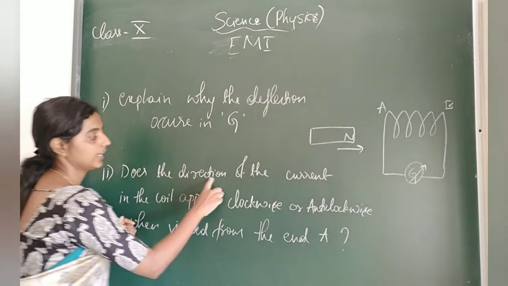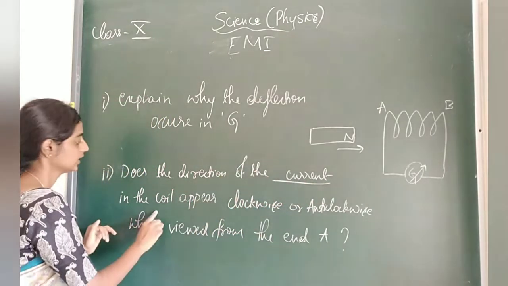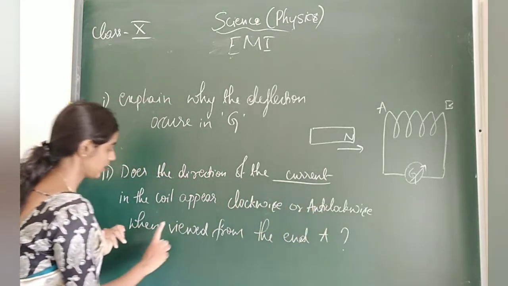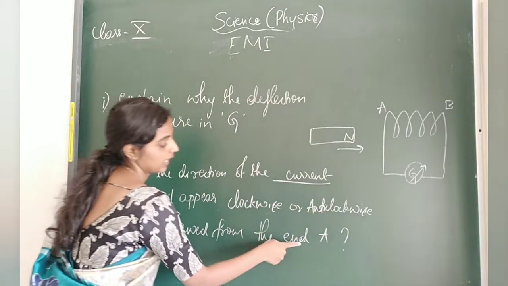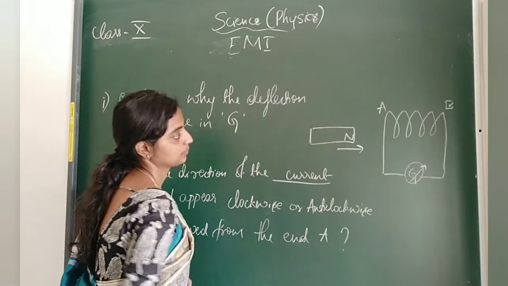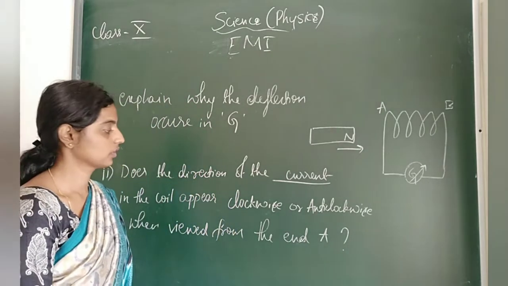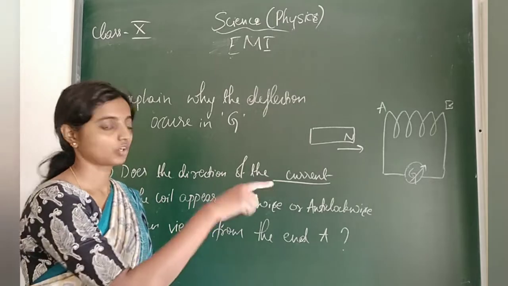Does the direction of the current in the coil appear clockwise or anti-clockwise when viewed from the end A of this coil? See, this is a question related to Lenz's law and the clock rule.